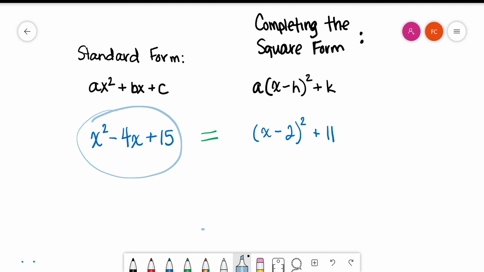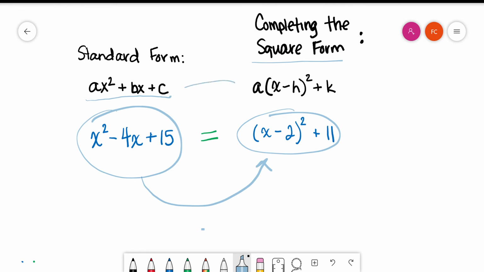Before I can teach you how to solve by completing the square, you first need to learn how do I rewrite this into completing the square form. So our standard form is ax squared plus bx plus c. We need to rewrite that into a times x minus h squared plus k.